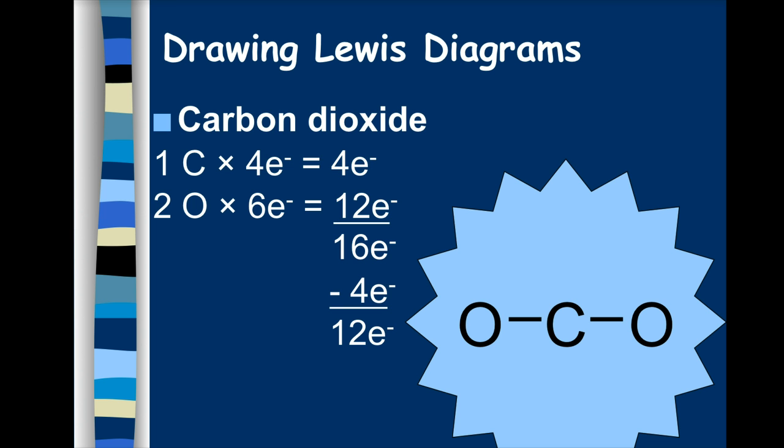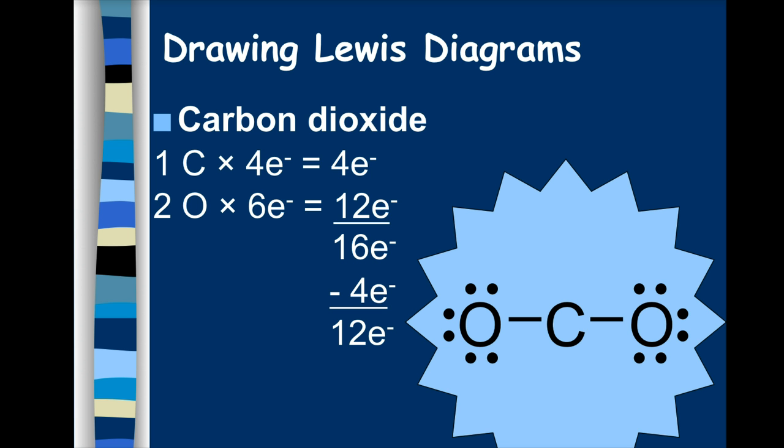So if I put those remaining 12 on the oxygens, so each gets 6, that makes the oxygens satisfied in their octets, but carbon is lacking. It needs some more electrons. And I can't just draw in more dots for more electrons because I don't have any more.